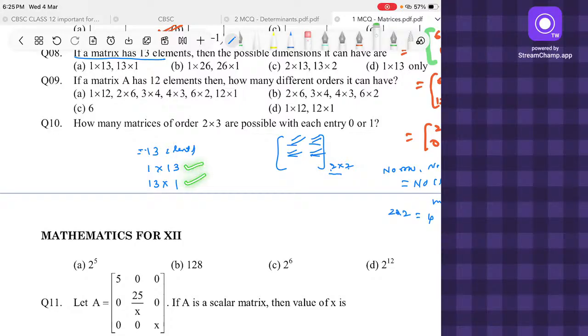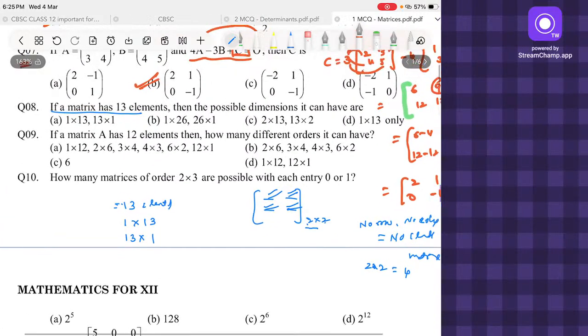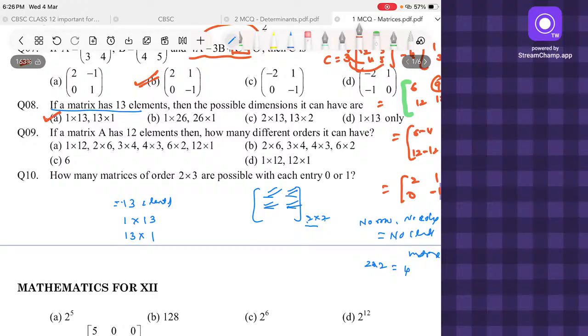Only two ways we can take, 1 by 13 or 13 by 1. Only two matrices give us 13 elements. That means A option is the correct one. Only 1 by 13 and 13 by 1.